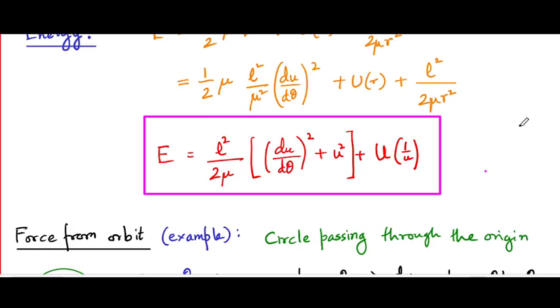So we already know that we have an attractive potential which actually falls off very, very rapidly towards minus infinity. So increases rapidly in size, much more rapidly than L square by 2 mu r square grows towards plus infinity as r goes to 0.